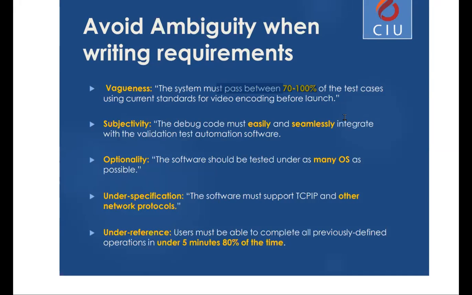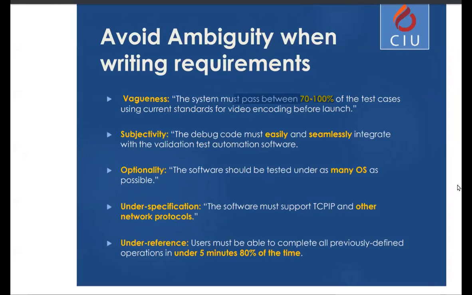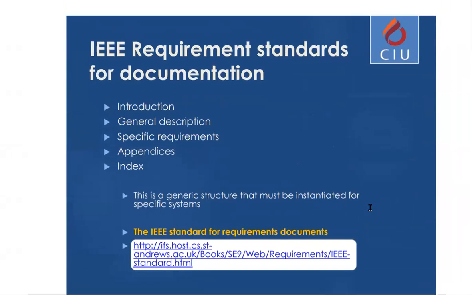Does it mean 80 percent every minute, or is it something else? It is a very complicated statement that can change from one person to another. So you need to avoid this kind of wording, and it actually reveals how serious you are with the project when you write the requirements documentation.